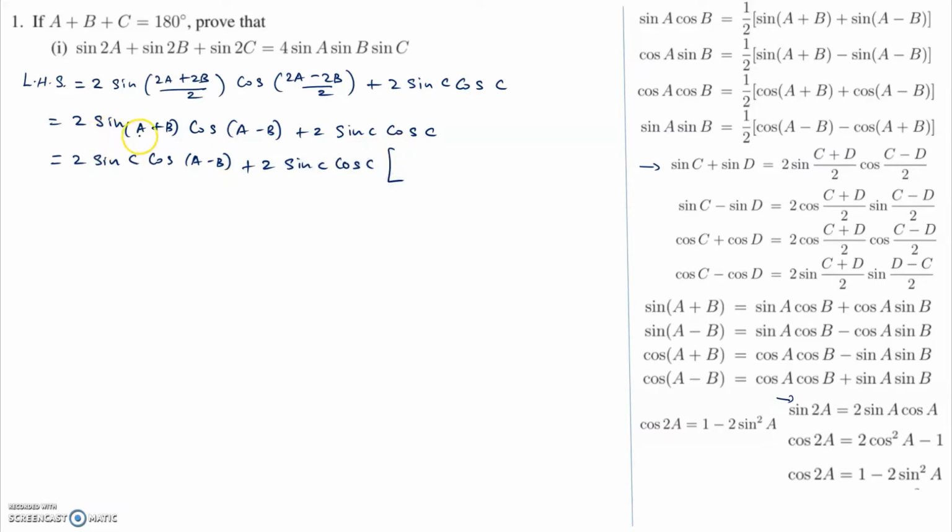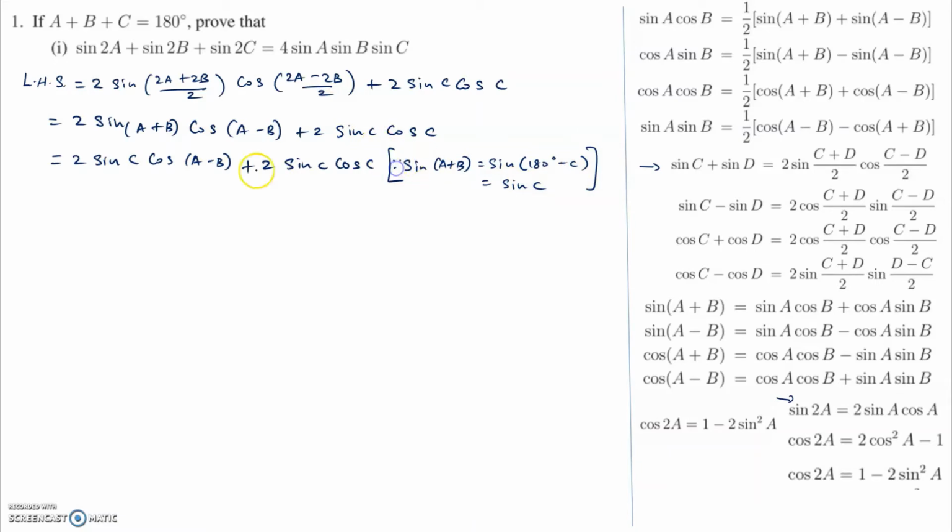Now we have replaced sine (a plus b) to be sine c because we are given the condition that a plus b plus c is equal to 180 degrees. Therefore, our sine (a plus b) will be equal to sine (180 degrees minus c), which is nothing but sine c.